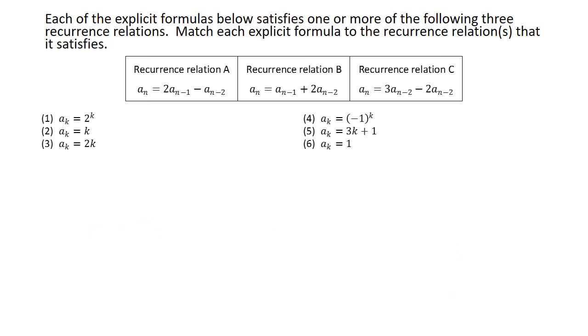Okay, number 6 is the easiest of all to check because an is 1, an minus 1 is 1, and an minus 2 is also 1. It's always just 1. So let's check A. Does 1 equal 2 times 1 minus 1?